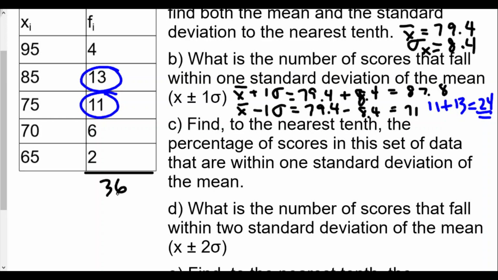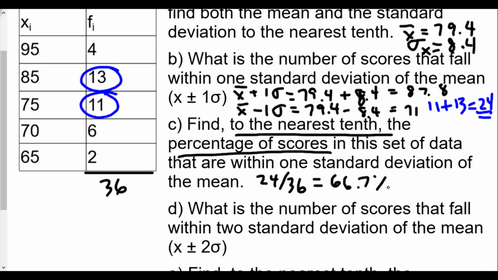So part C is the fraction 24 over 36, as a percentage to the nearest tenth, which is 66.7%, because it's 0.66 repeating, so we move the decimal over and round to the nearest tenth.